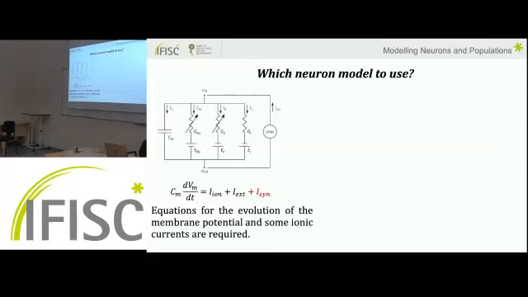It's very simple. The equation for the circuit is that the capacitance times the derivative of the membrane potential is equal to the ionic currents, which are these ones, plus an external current that I can put in the experiment, plus the synapses if they are connected with other neurons. This is the equation I have to solve. If I manage to solve this equation, I can know the evolution of the membrane potential and all the currents.